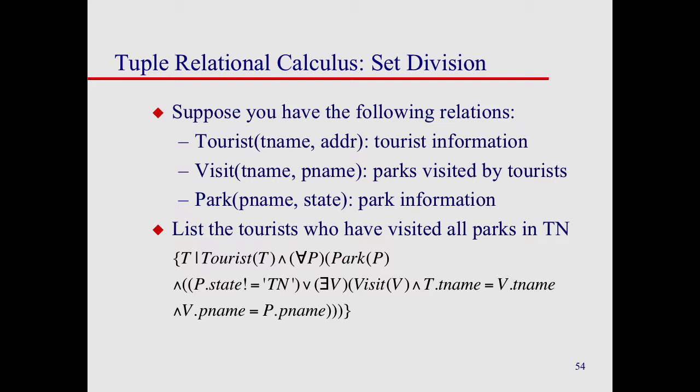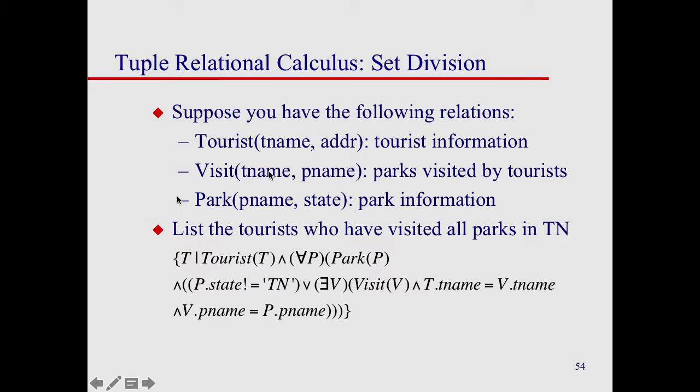So what I want is, let's say I'm a tourism official here in Tennessee, and I want to send out a flyer to all tourists who have visited every state park in Tennessee. Okay? So I have three relations, a tourist relation where it gives the tourist name and the address of the tourist, because obviously I want their address for the flyer. And then I have a visit relation.